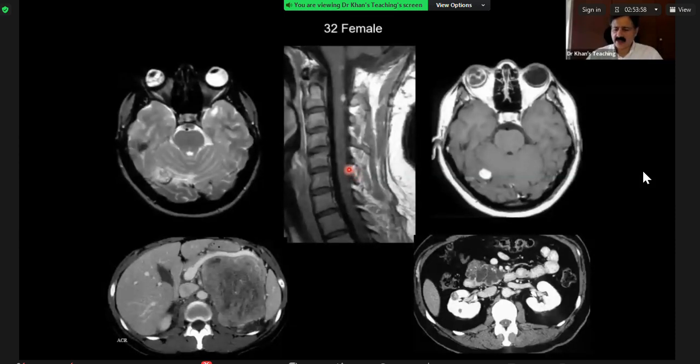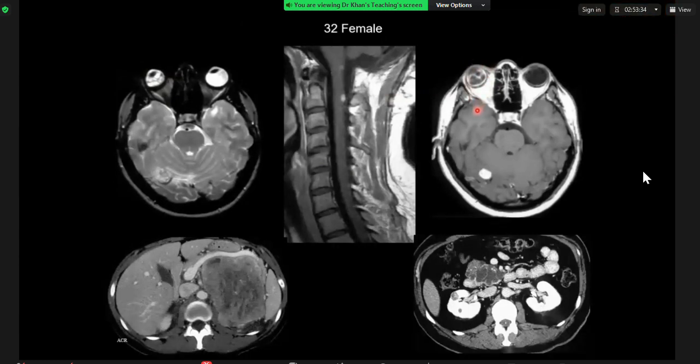So candidate 2, these are selected images of a case of von Hippel-Lindau syndrome. I will point out and you will tell me what this is. So what is this in the orbit, which is also here? How will you call it?